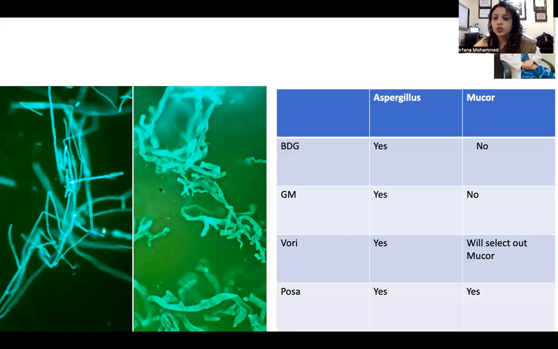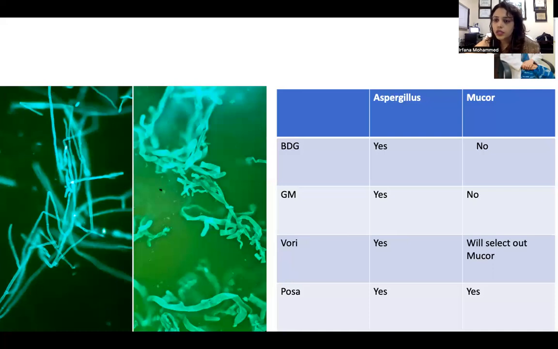So if you see COVID patients during peak COVID, we used to get mixed kinds of fungal infections with both Aspergillus and mucor coming from the rhinocerebral mucormycosis or patients post-COVID. But the Aspergillus which is there in the specimen, it could be just local colonization or it could be true infection.